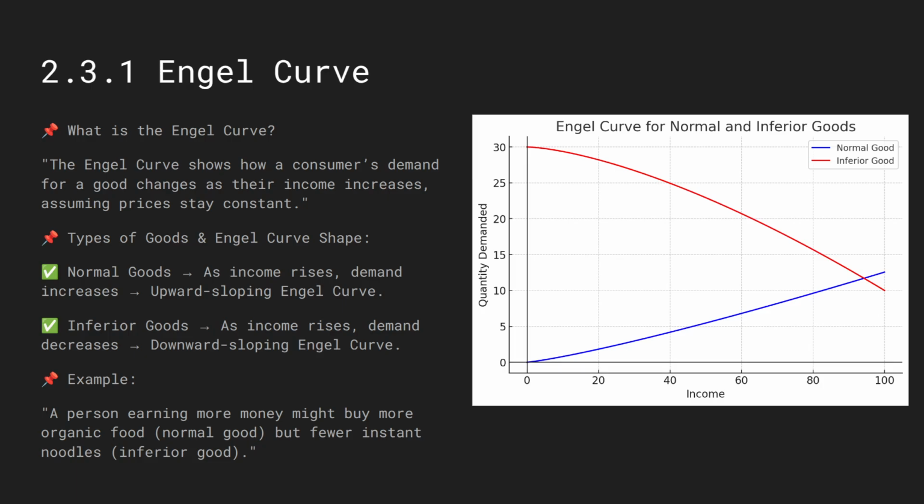And when your income is greater than before, as ramen is a good product, your demand for ramen stays the same or even increases. So for normal goods, as the income rises, demand increases, and for inferior goods, as the income rises, the demand decreases.